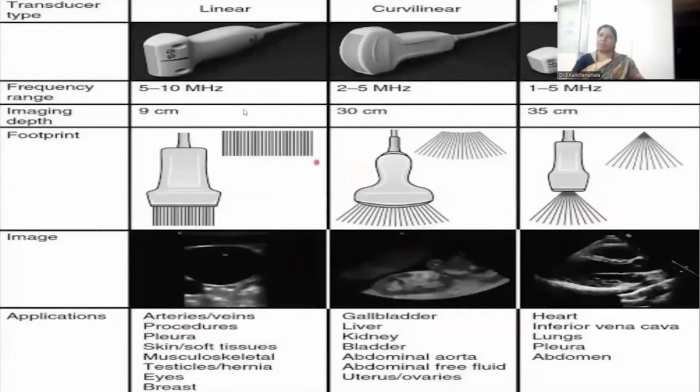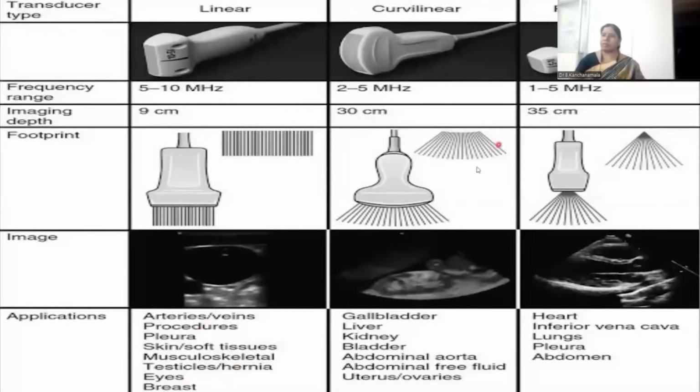A brief look at the types of transducers: linear, curvilinear, and the array probes. The linear probe has a rectangular footprint, and it is used for superficial structures like musculoskeletal, eyes, breast, testicles, pleura, and veins, for imaging the vessels, etc. The next one is the curvilinear probe.